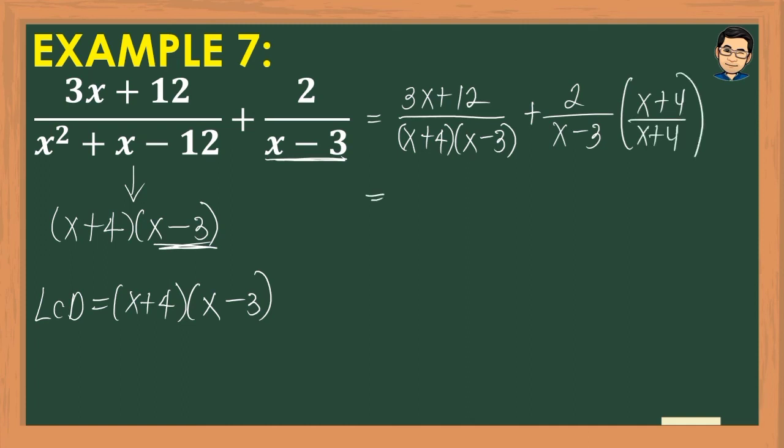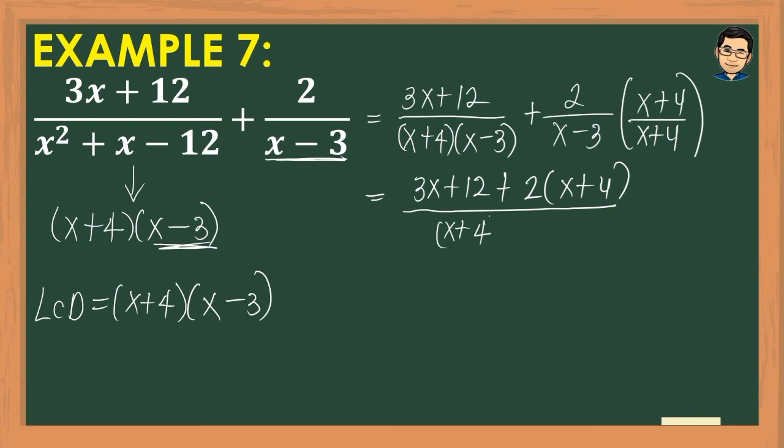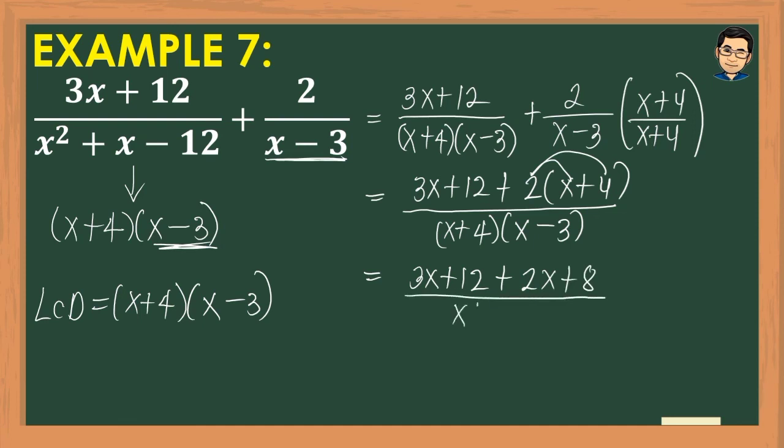So rewrite lang natin 3x plus 12 plus 2 times the quantity x plus 4 all over x plus 4 times x minus 3. Next, 3x plus 12 plus yung 2, distribute natin sa x plus 4, magiging 2x plus 8 all over x plus 4 times x minus 3.